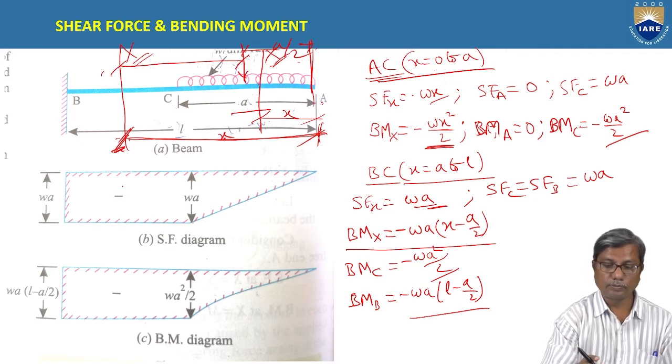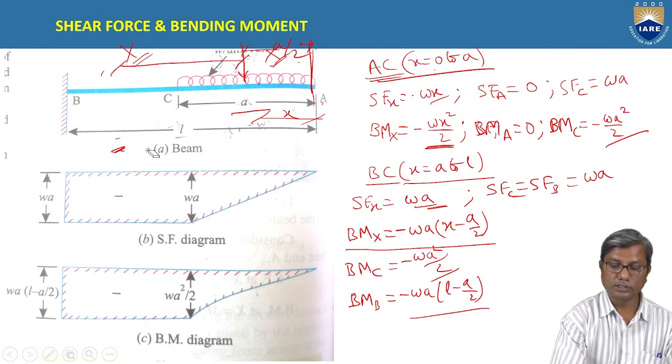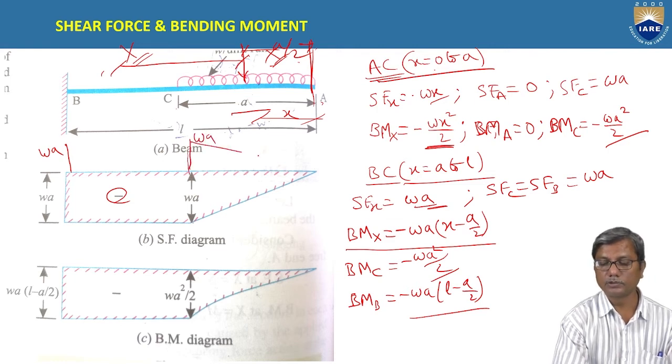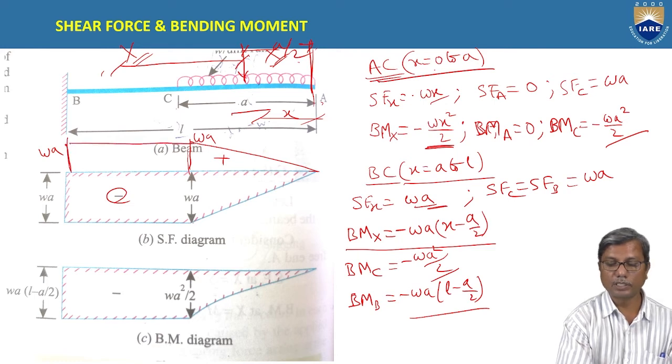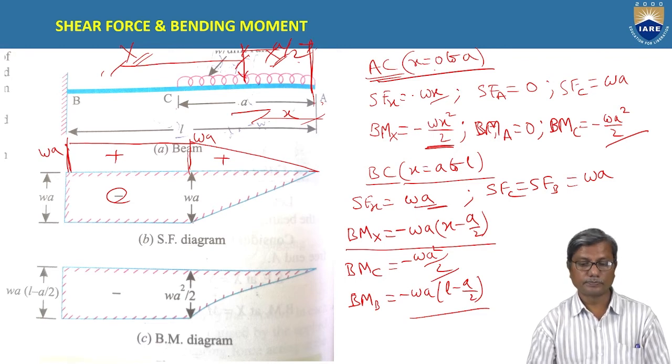All this we plot above, because for our convention, positive is above and negative is below. So we take WA here and WA here. It goes from 0 to WA positive, and WA remains the same between A and B and C. Understand?